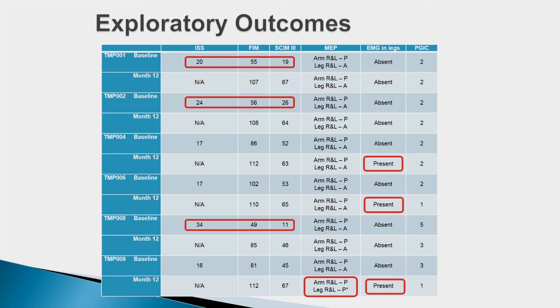And then there were 3 individuals that gained EMG activity in their legs by month 12 post-transplant. And then the global impression of change, everybody felt that they had gained something by being in the trial. And the closer to 1 that the number is, the more positive that they felt that that gain was.